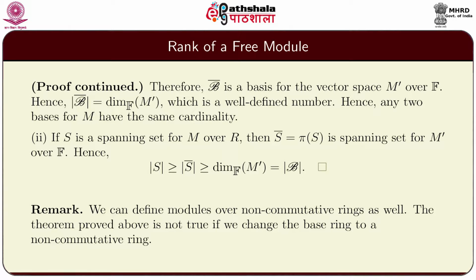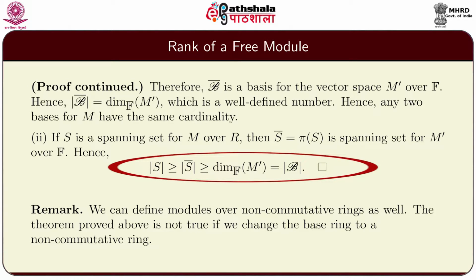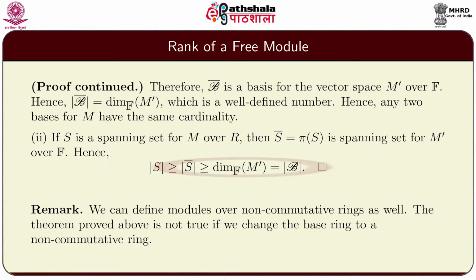Hence it follows that cardinality of S is greater than or equal to cardinality of S bar, which is greater than or equal to the dimension of M dash over F, and finally it follows that cardinality of S is greater than or equal to cardinality of B. This completes the proof of the theorem.